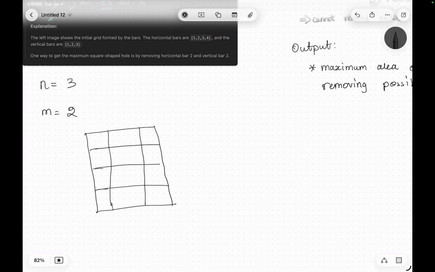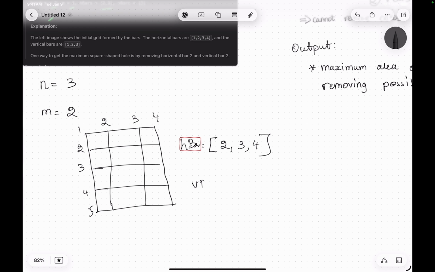Okay, so this is the grid, and we are given hBars, we can have 2 3, and horizontal row, we can mark this first. So 1 2 3 4 5, so horizontal we can have 3 4, right? So 2 3 4, yeah, this is fine.